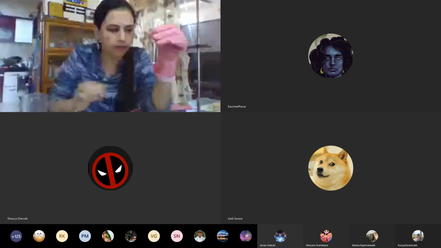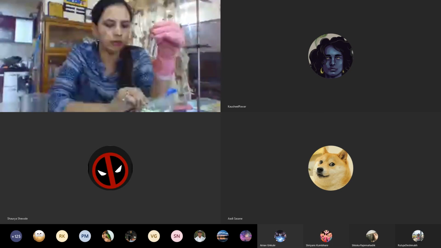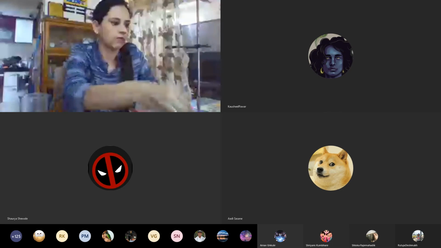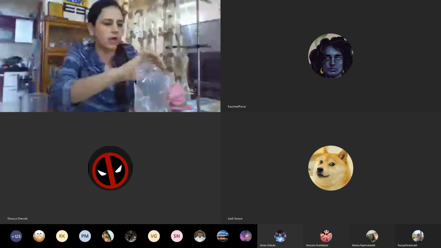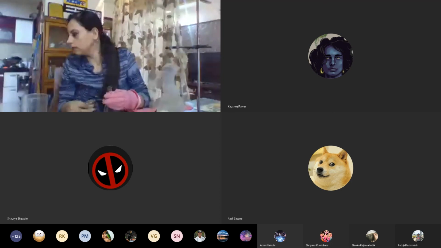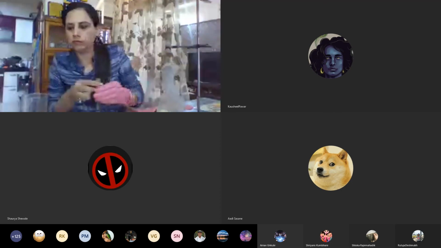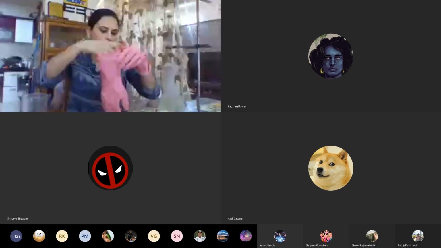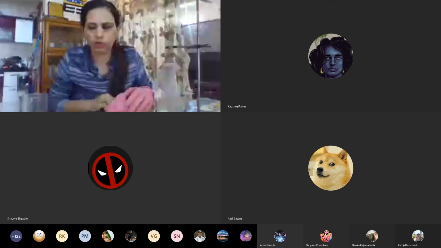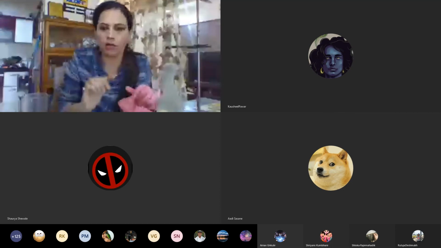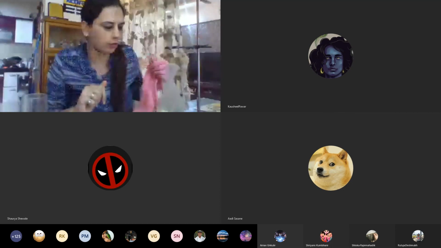Okay, so in this test tube I have water. Now the reactions are not violent here because sulfur does not react, so I'm not worried, that's why I've removed my glove here.